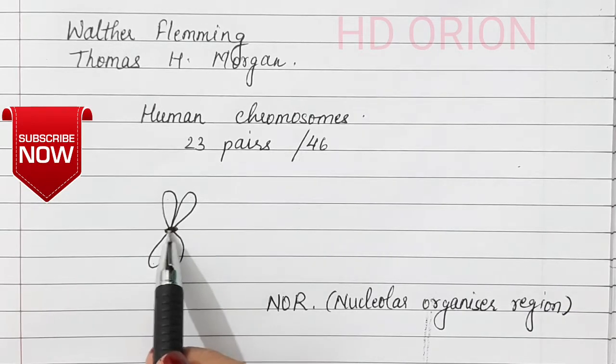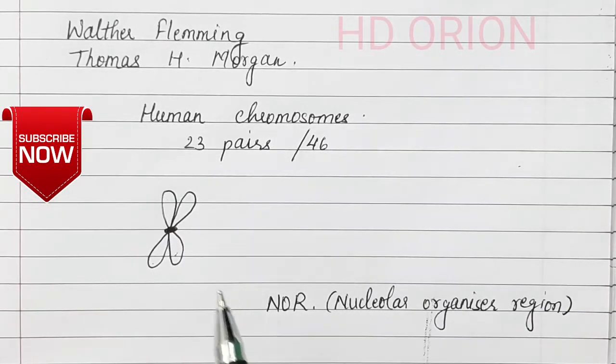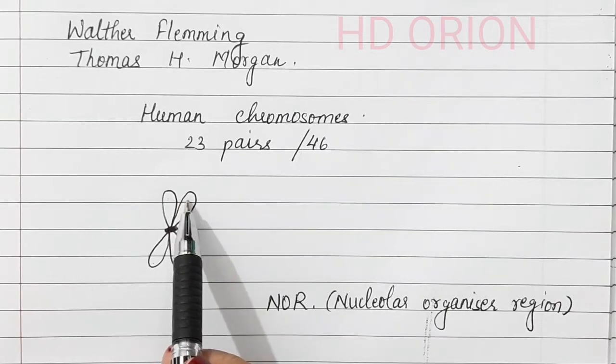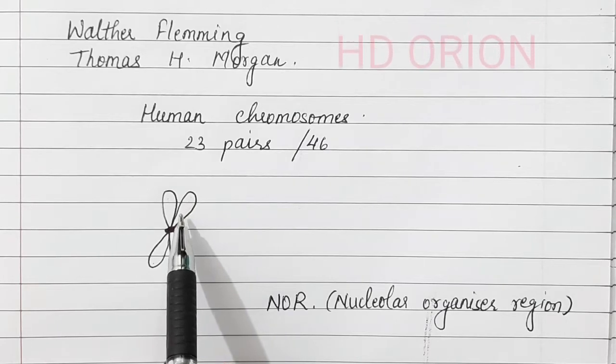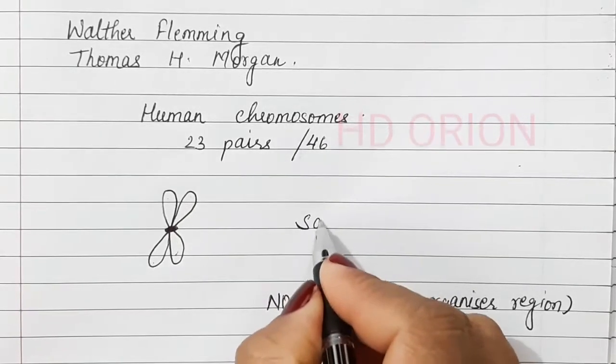So primary constriction is the place where the centromere is present, and the secondary constriction can be present elsewhere, usually in the chromosomal arms. Those chromosomes in which the secondary constriction is present are called satellite chromosomes.